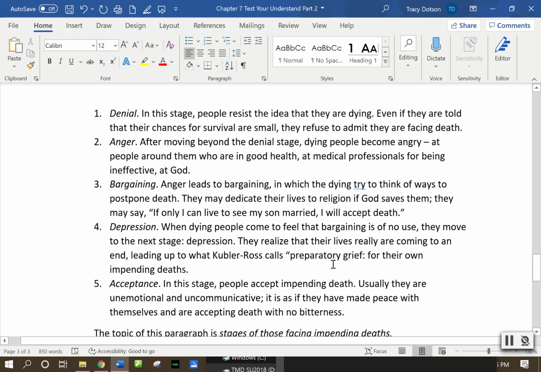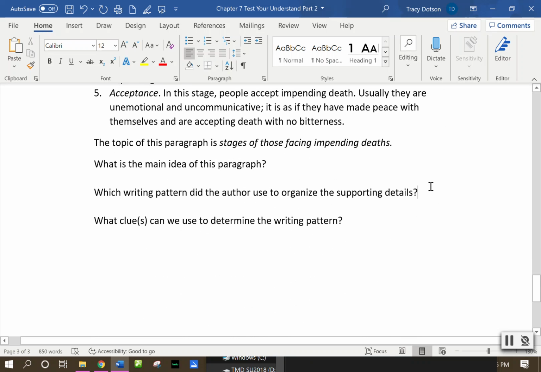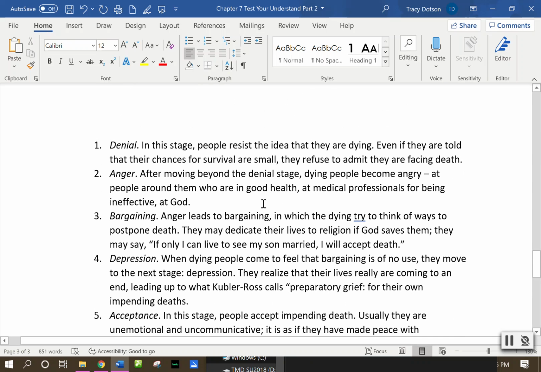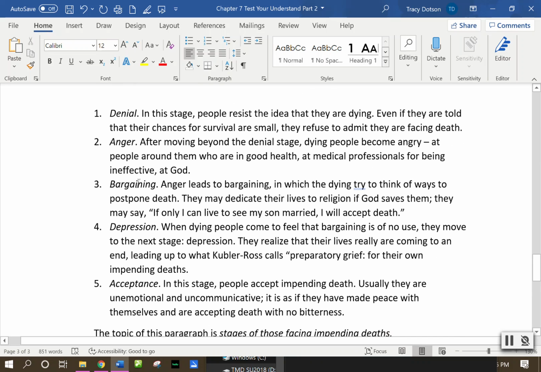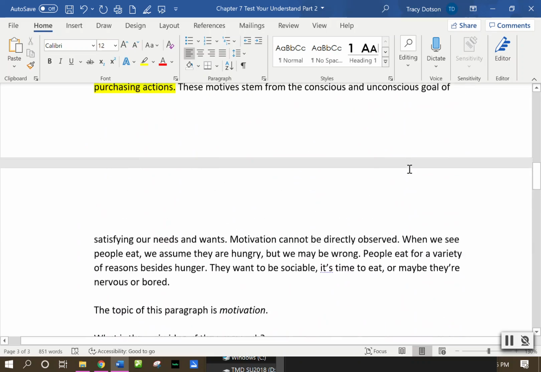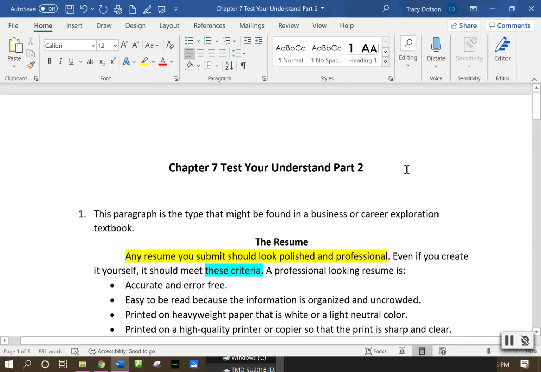Okay, so here's the question: does the order matter? As we can see, it does. So if it does, then this is going to be a sequence pattern, and we know it does because you can't get to some of these until you've kind of done the first couple on your own. Okay. All right, so that is Test Your Understanding Part 2 for Chapter 7.